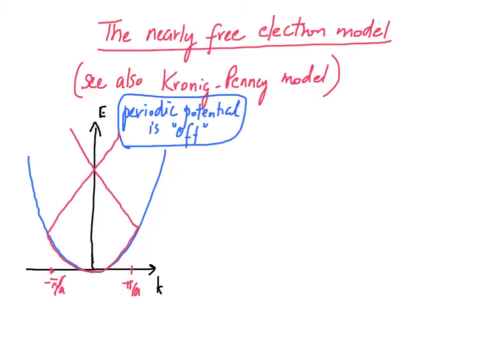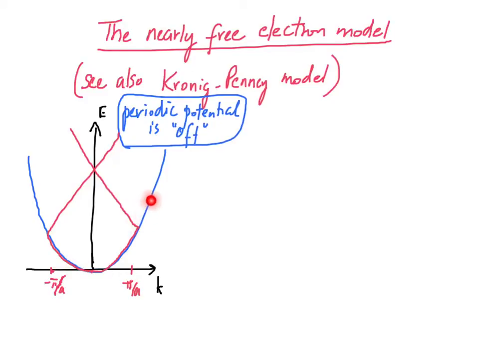And here is the zone folded situation. This is the stuff that you see in red, right? So this is exactly the same parabola, except that some pieces of the parabola have been translated, as we discussed in the past. Just as a reminder, our Brillouin zone is extending from minus pi over a to plus pi over a. So within that region, the original parabola stays as it was.